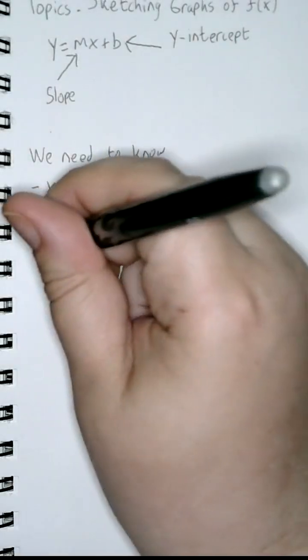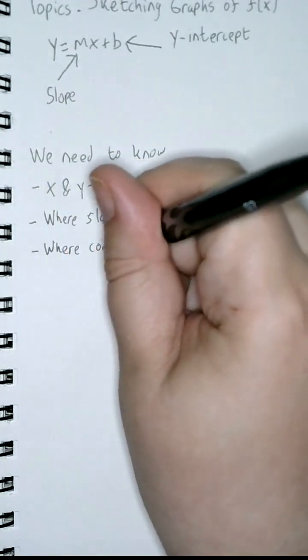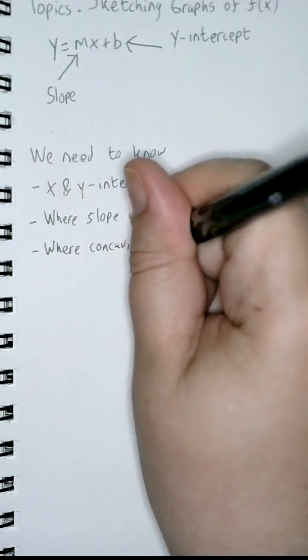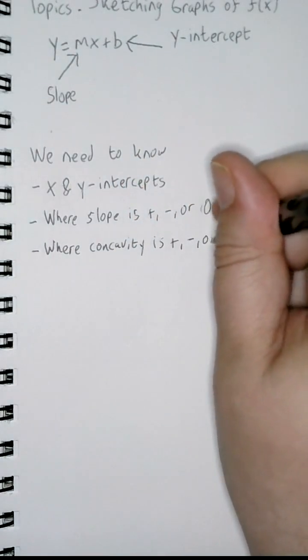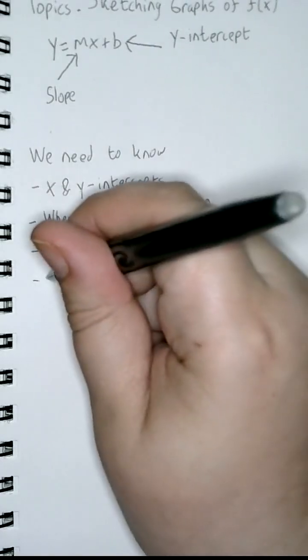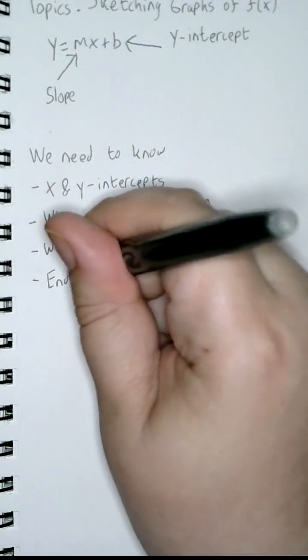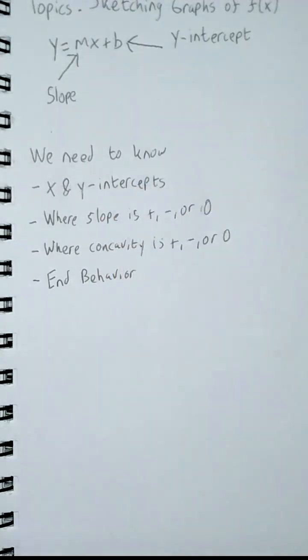We need to know where the concavity is positive, negative, or 0. And we also need to know what's going on at the end, how a function is behaving at the end, at positive and negative infinity.